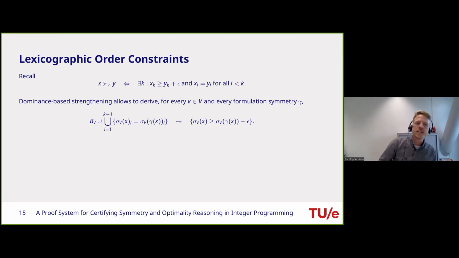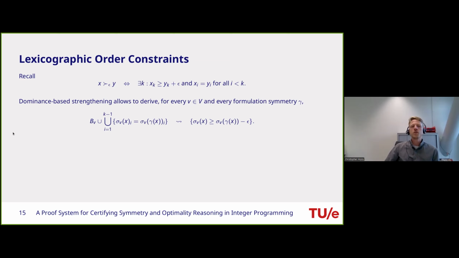So the core is that we somehow need to be able to also derive these lexicographic order constraints within our proof system. To do this, let's recall how we defined this strict epsilon lexicographic comparison. There must exist an index k such that on the first k minus 1 positions, the two solutions are the same, and in the kth position, they differ by at least epsilon.